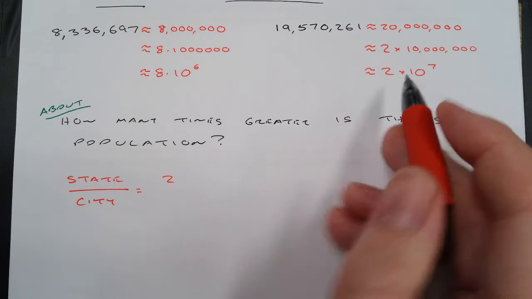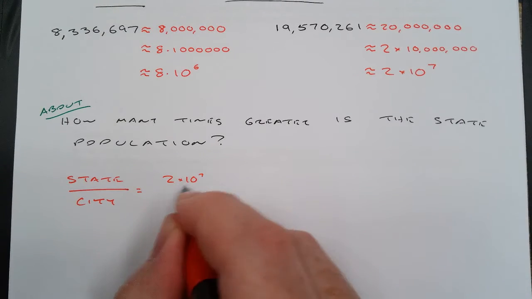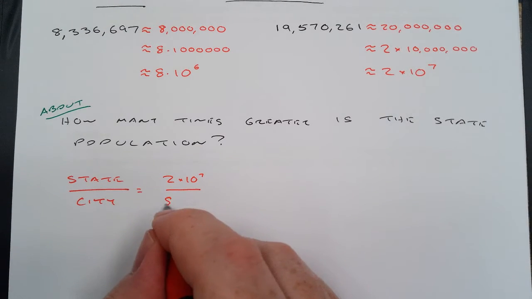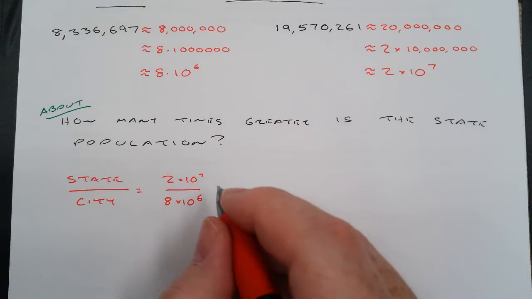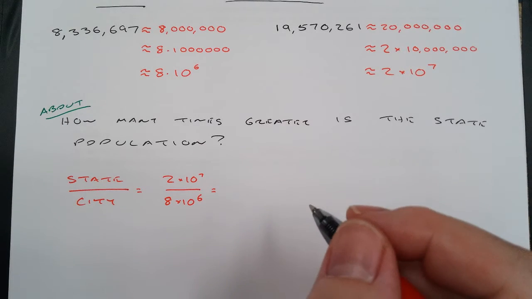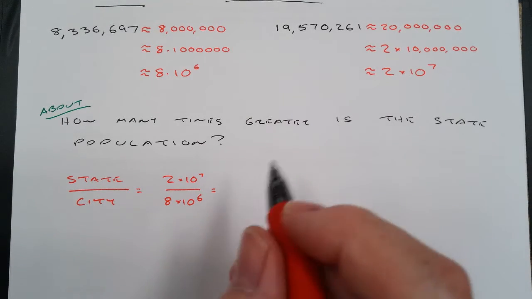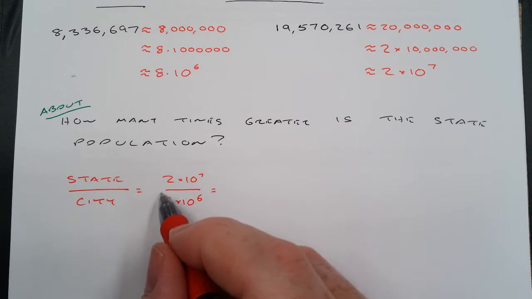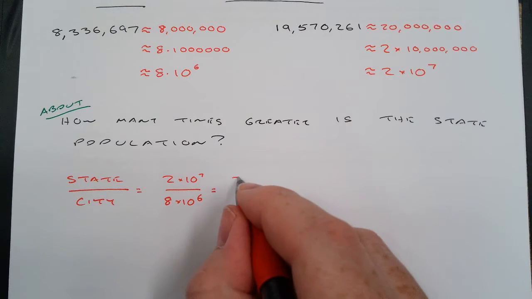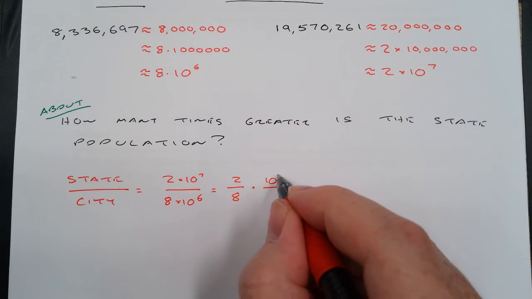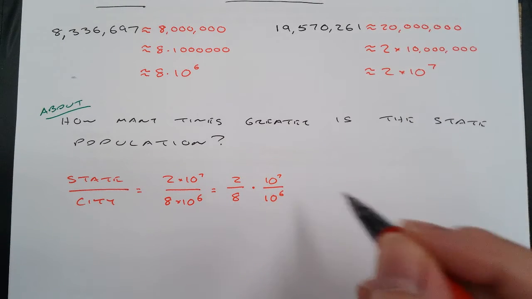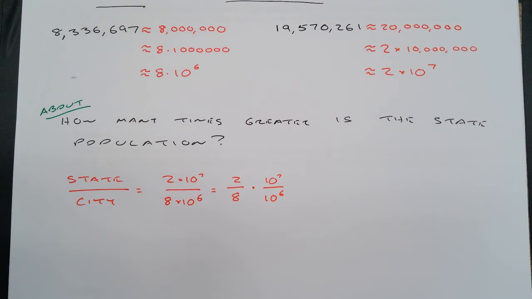The state was 2 times 10 to the 7th. The city was 8 times 10 to the 6th. Now pay attention here because I'm going to do some math that you've done with fractions before, with multiplying fractions. I'm going to separate the numbers and the exponents to make it a little bit easier to do the math. I'm going to separate them into like terms, essentially.